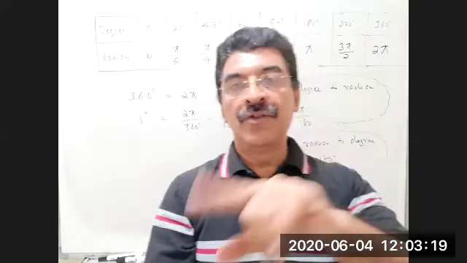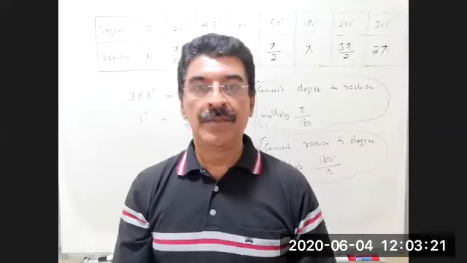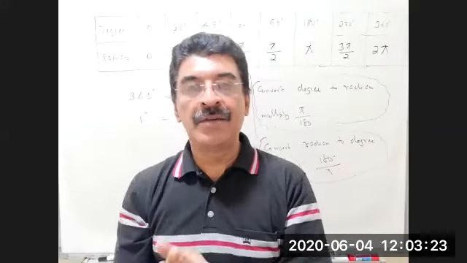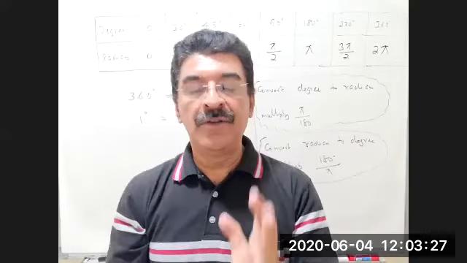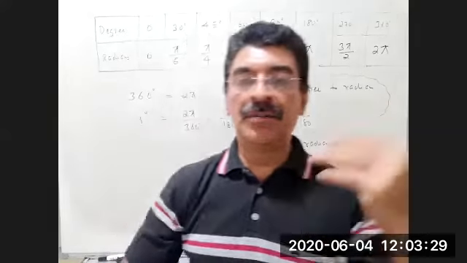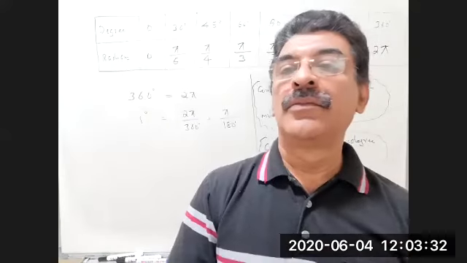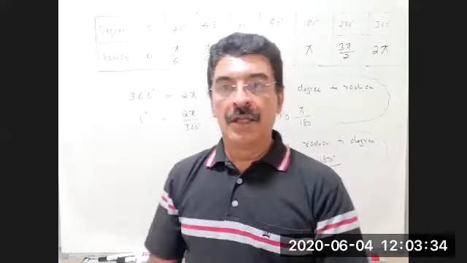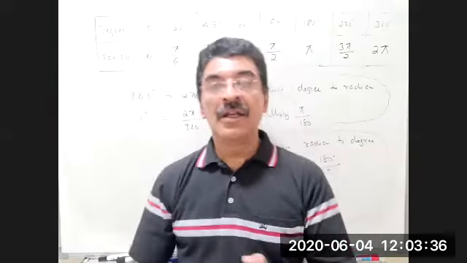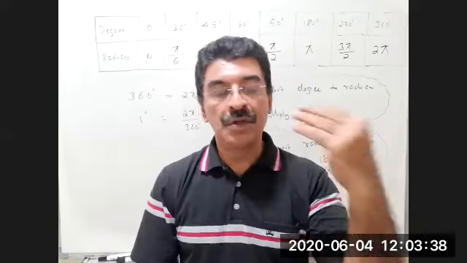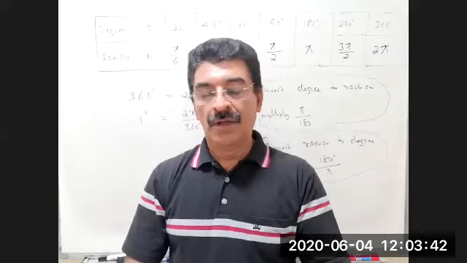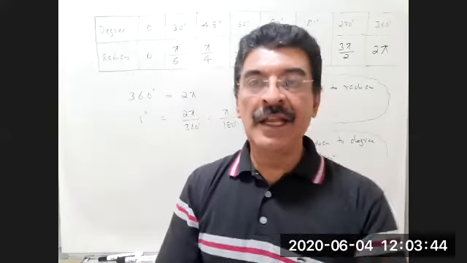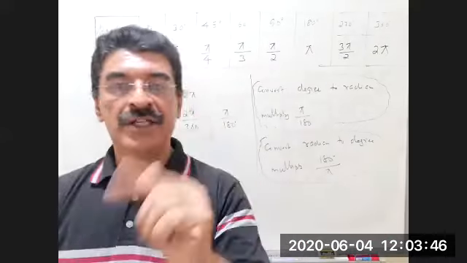For 360 degrees the radian measure is 2 pi. Those standard basic angles, you should know the conversion: pi by 3, pi by 6, pi by 4, etc. Then to convert degree to radian, multiply by pi by 180, whereas to convert radian to degree, multiply with 180 by pi.